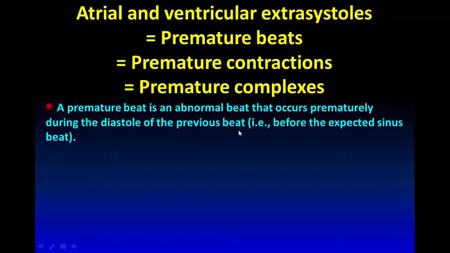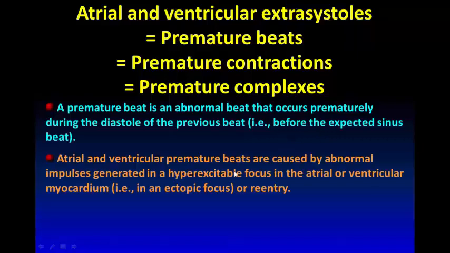In other words, it occurs before the expected sinus beat happens. They are caused by abnormal impulses generated in a hyperexcitable focus in the atrial or ventricular myocardium. This is what we call physiologically an ectopic focus. They can also be caused by re-entry.